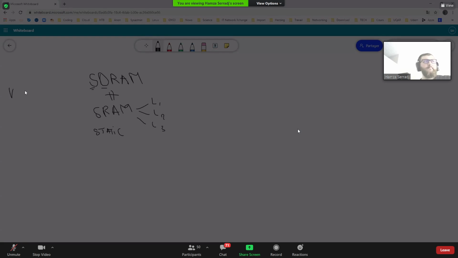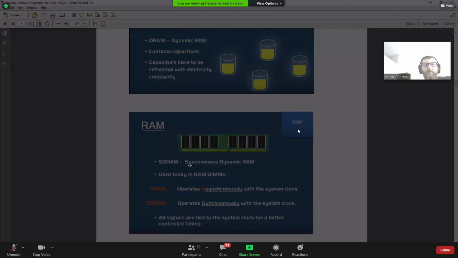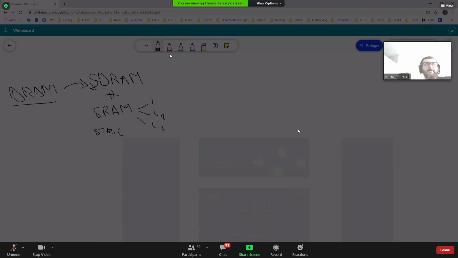DRAM evolved to this one. So we had a DRAM, and after that it was improved. It's called synchronous. This is what we just saw. Synchronous, what is this? It's a new thing, right? This synchronous RAM works better because it's synchronized with the frequency of the motherboard.